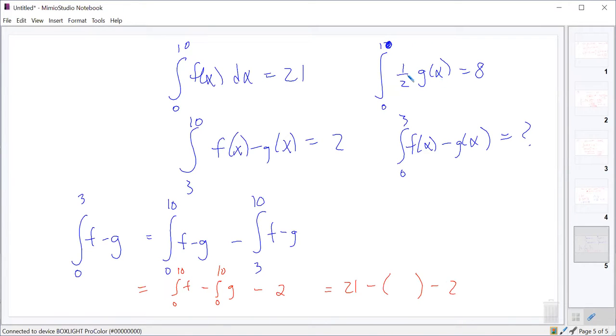Well, we are given the integral from 0 to 10 of half of g of x. That half can come out, right? That half can be pulled out. So 1/2 the integral from 0 to 10 of g of x is 8. So what is the integral from 0 to 10 then? Just multiply by 2. So the integral from 0 to 10 of g of x ought to be 16.